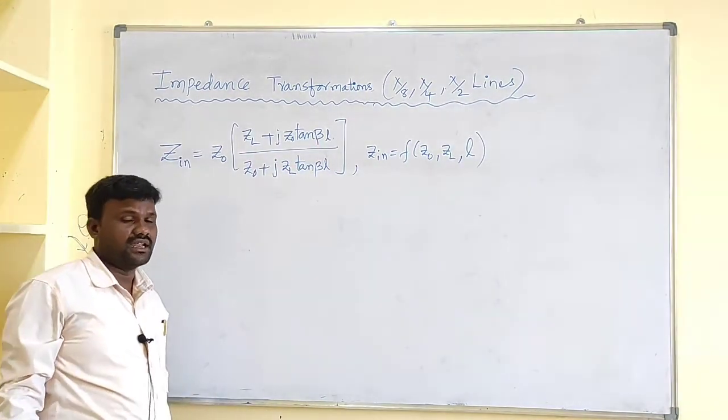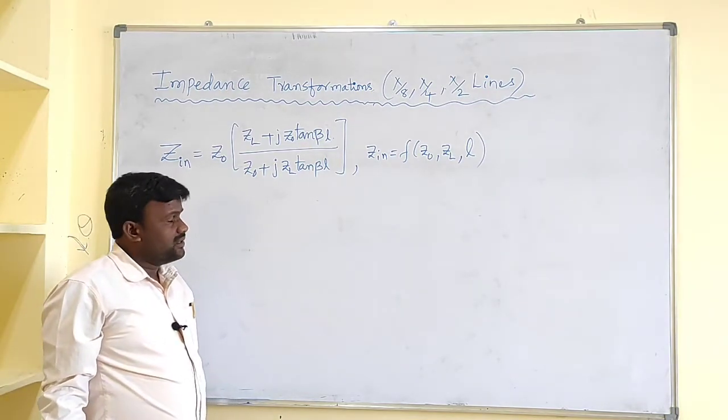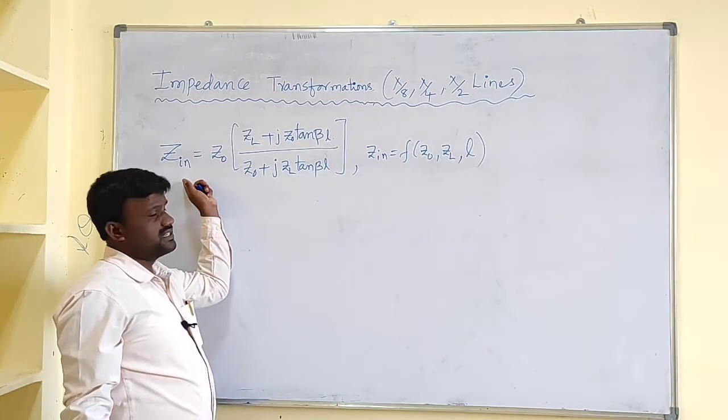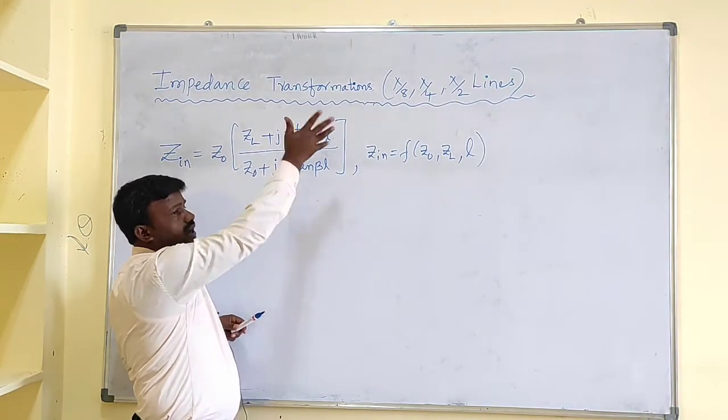Beta is 2 pi by lambda for the given wavelength. So if the length changes, the impedance changes, which means the impedance is transformed to another value.